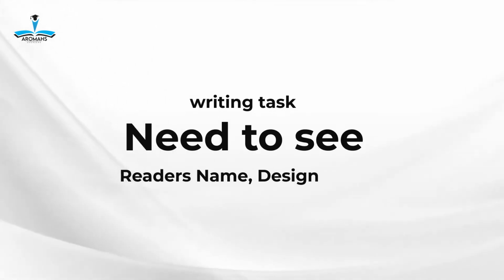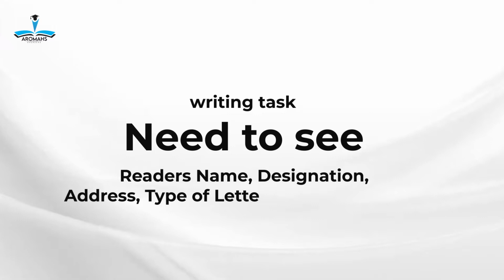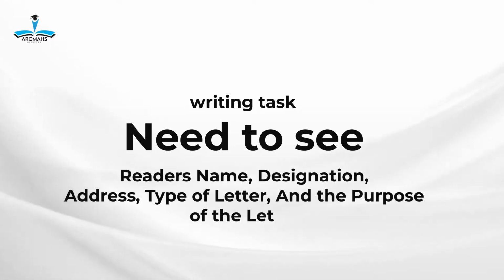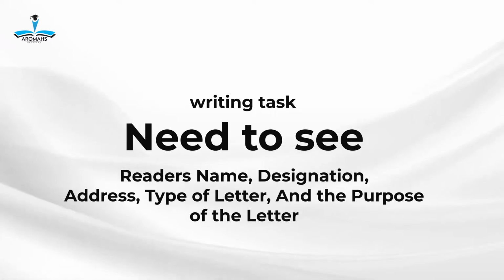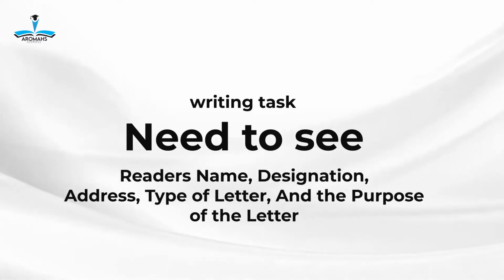What do you need to understand out of it? You need to see the reader's name, designation, address, what type of letter it is, and the purpose of the letter. These are the major things which you need to analyze in these 5 minutes. Then you can have a look at all the case notes.